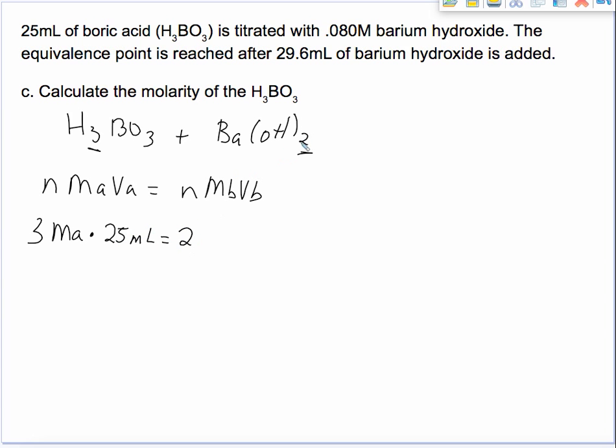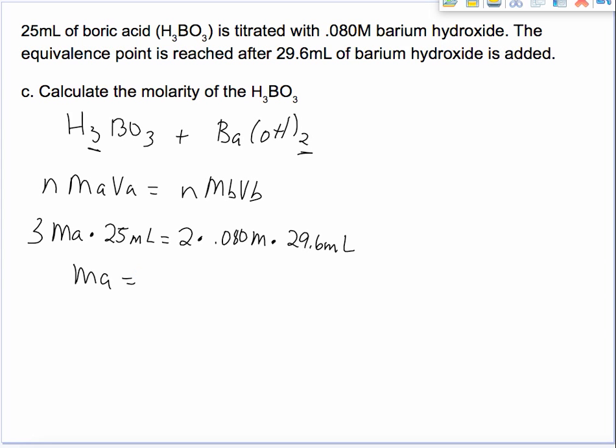The OH, there's a 2 there. Remember, it comes from the how many hydroxides, not the number in front when you balance it. Okay, times the molarity of the base, which is 0.080 molar, times the volume that you had to add, that's 29.6 milliliters.